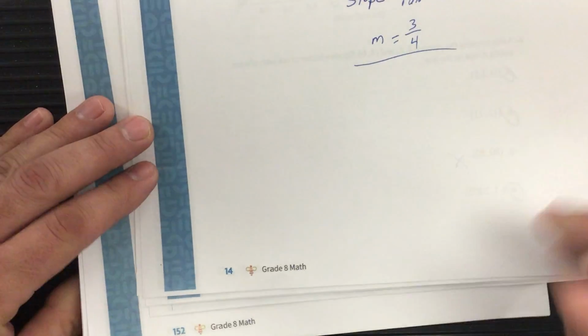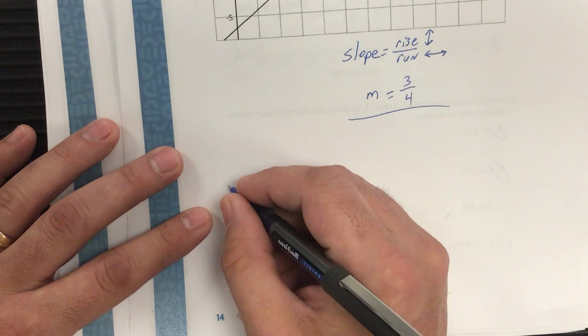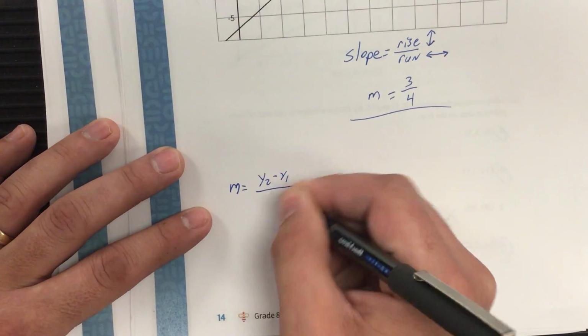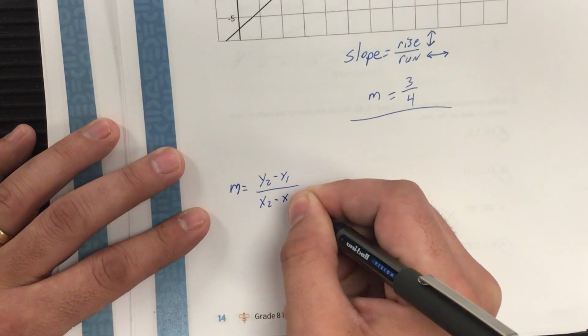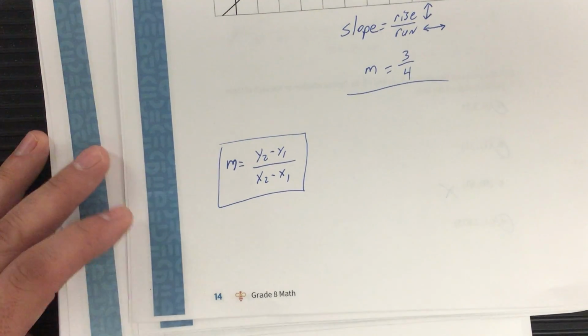Okay? One other thing I want to make note of, and again, you wouldn't have this equation, so I want you to write it down. Just write down that equation for me.